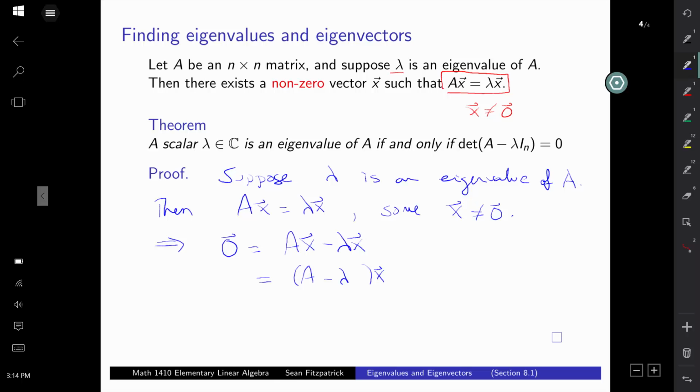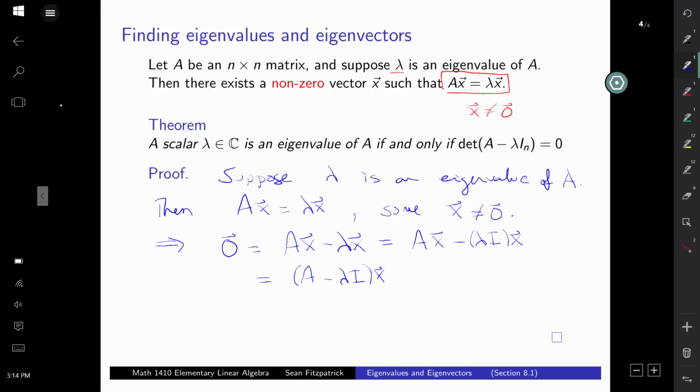I can't subtract a number from a matrix. The key to getting around this problem is to realize that lambda times x, and we mentioned this in the last video in our example with multiplication operators, is the same thing as lambda times the identity times x, because multiplying x by the identity doesn't change anything.